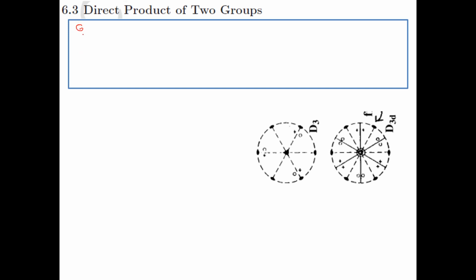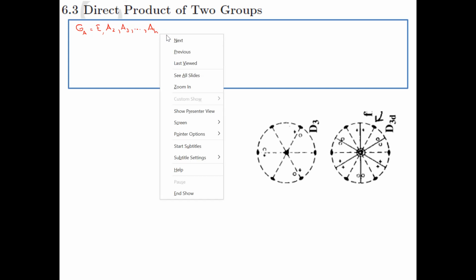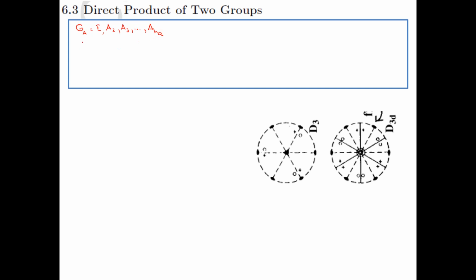A group that I call GA, which has some elements: identity, A2, A3, etc. until hA, the dimensionality of the group A. And let's suppose that I have another group, GB, which has elements E, B2, B3, etc. until the last one, hB. hB is the dimensionality of group B.